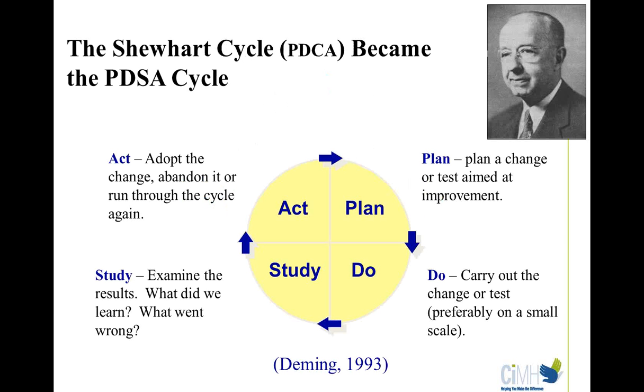It comes from the work that Shewhart did in the early 30s. And many folks know and have heard of the PDSA cycle, which was the Plan, Do, Check, Act that Shewhart developed, but was revised by Deming in the 50s when he really became one of the leading experts in quality improvement. Deming changed C to Study, so no longer is it simply to check the results, but you actually examine the results.